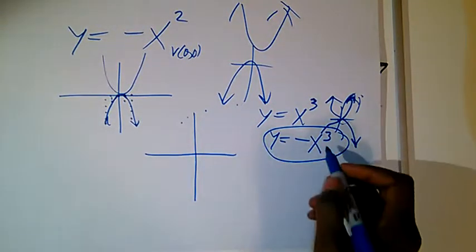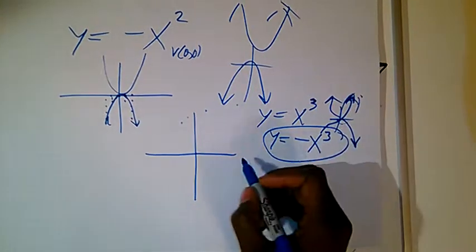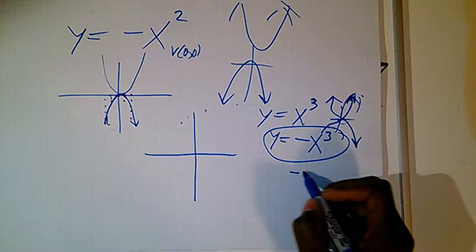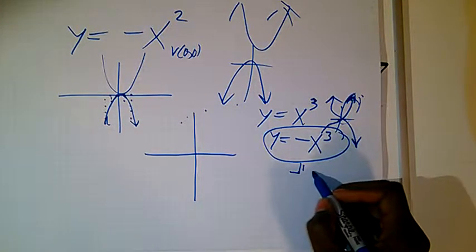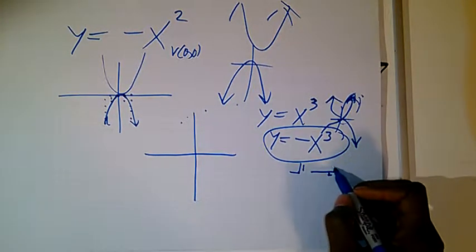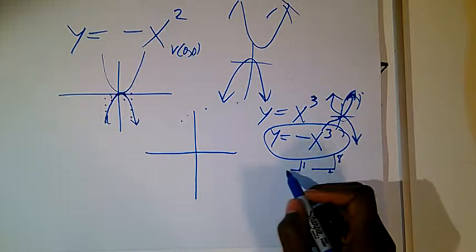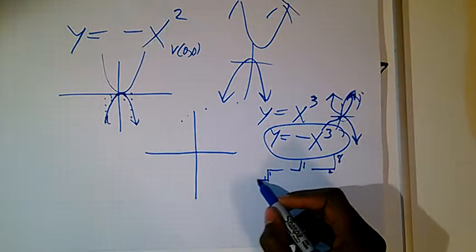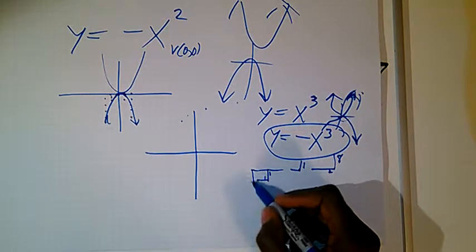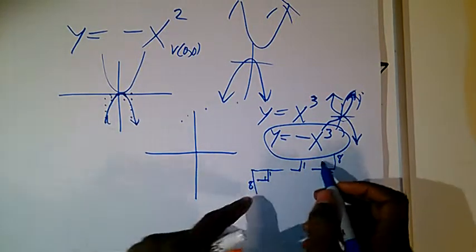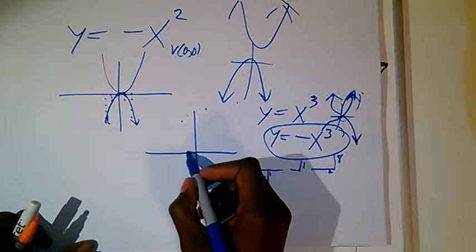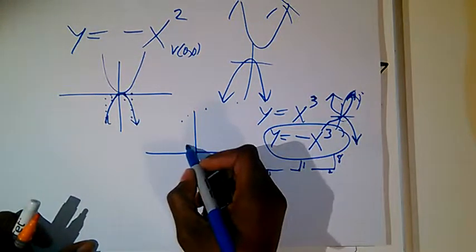You remember our pattern for cubes? You go over once, like this, once, and then up once. You go over twice, you go up 8 times. Left side, once, down once. Twice, go over twice, down 8 times. Right? But this time where it's negative, so it's going to be the opposite way. So we're going to go over once and go up once.